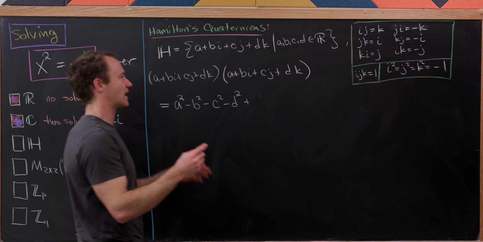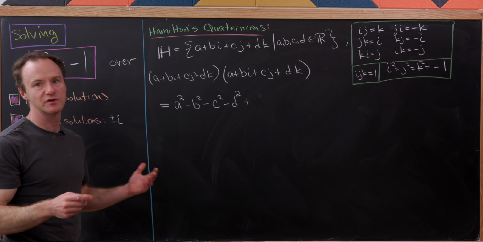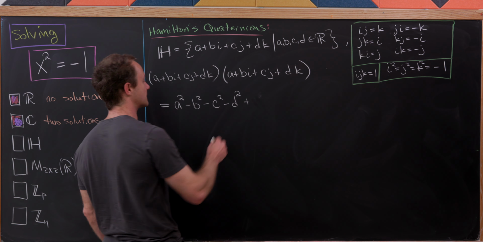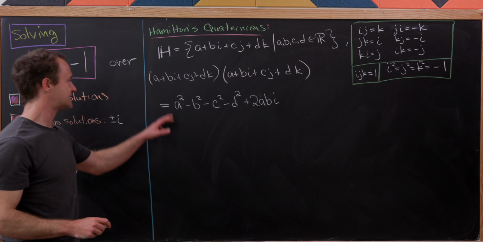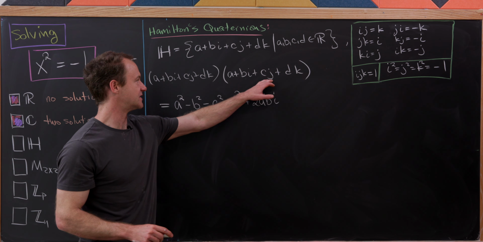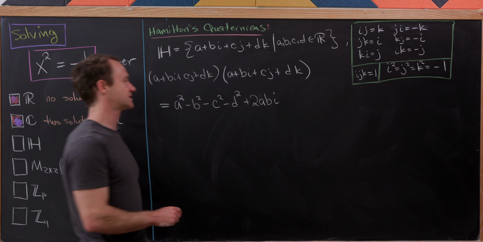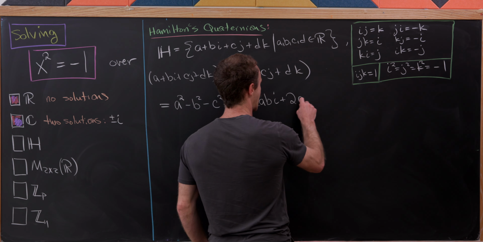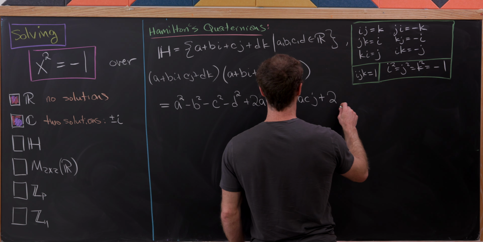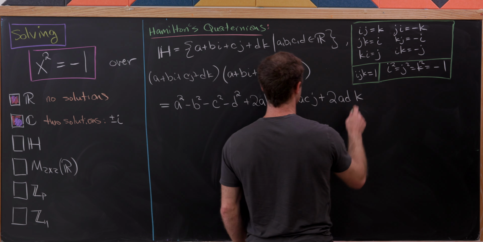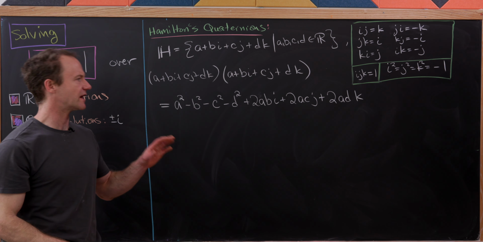We don't have to worry about commutativity here because the commutativity within the real numbers is clear. So we have 2abi. Similarly, we have a, cj from 2 places, so that'll give us 2ac times j. And finally, 2ad times k.